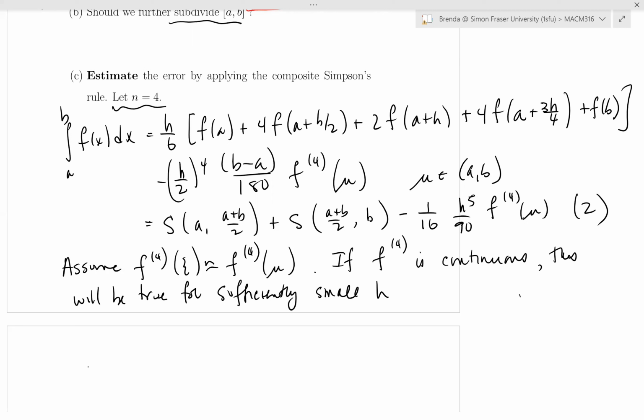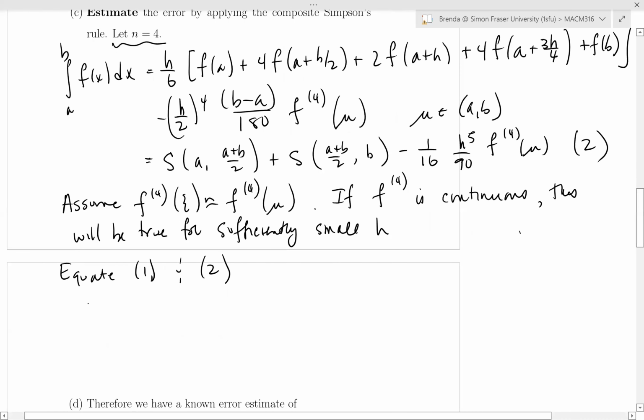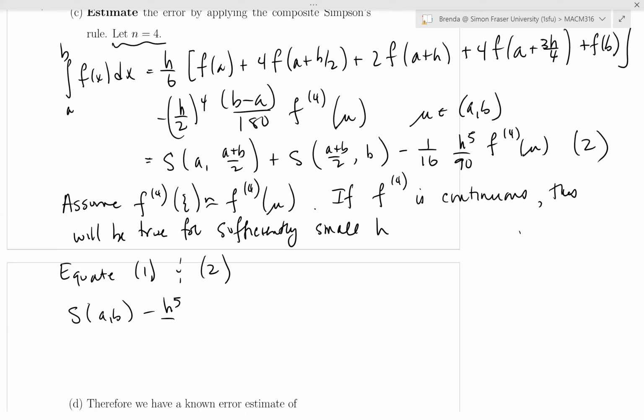So when that happens, I'm going to equate 1 and 2. They're both an estimate of the integral. So I'm going to just equate the 2 of them and see what I get. I get that S_AB minus H to the 5 over 90 times the fourth derivative at psi is approximately equal to this guy here.